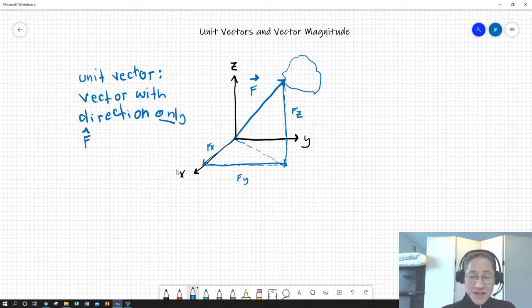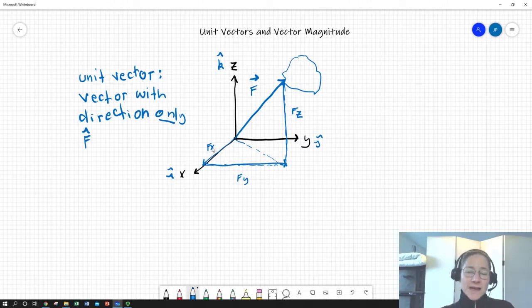There are three really special unit vectors that we really like, and they are the ones that define the coordinate axes. So we have an i hat, a j hat, and a k hat. Those are special. i hat, j hat, and k hat are, by definition, the unit vectors that define the coordinate axes.